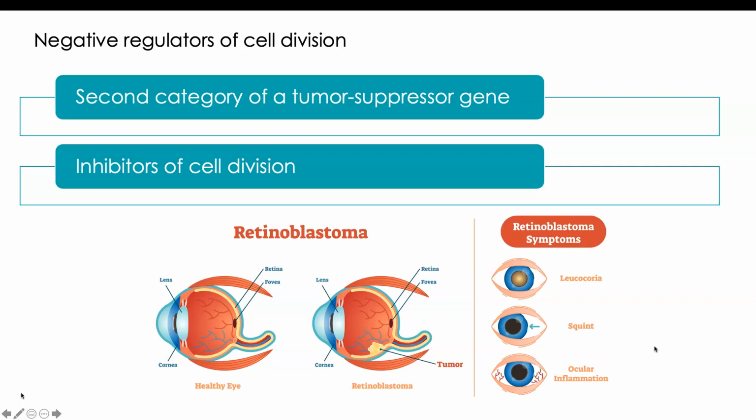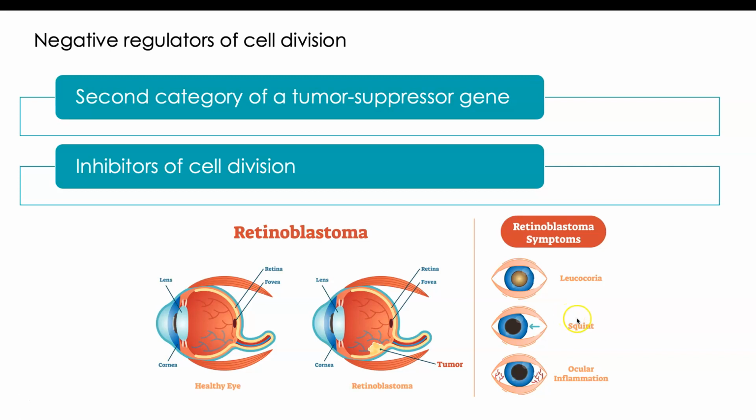Retinoblastoma is eye cancer. The gene that was associated with retinoblastoma, RB, is where we get the name for the gene from.